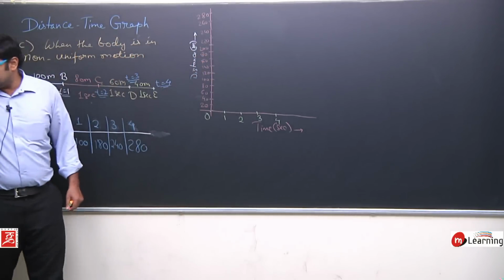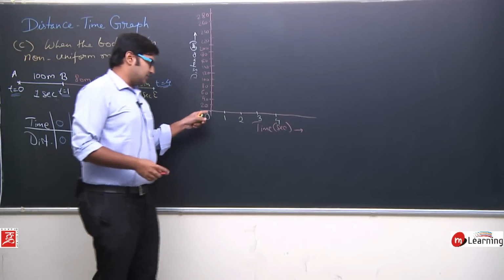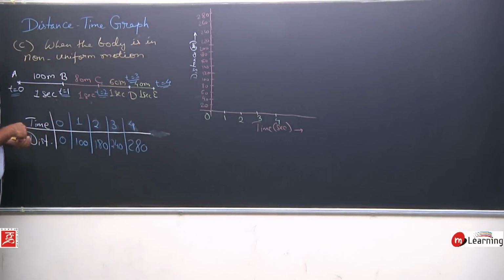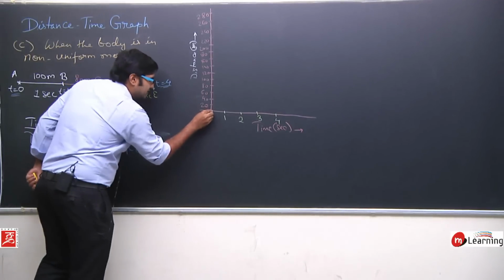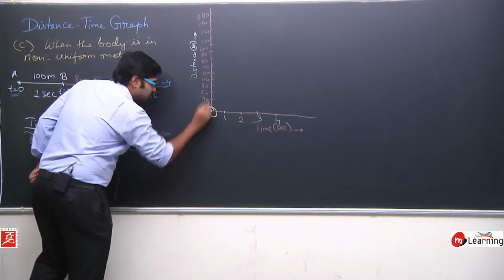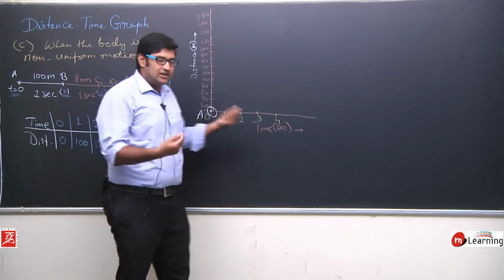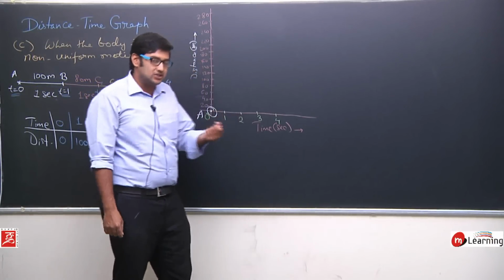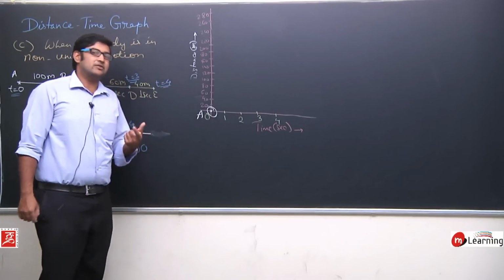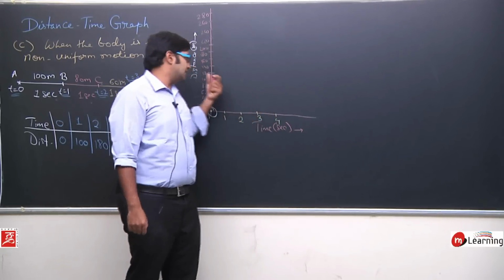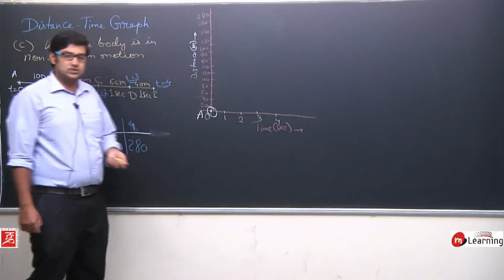So what I can see here is that in the first 0 seconds the object was at point A. So how can I mark the point A? This location will show the position of the object. This is the point A. Okay, because the object hasn't travelled any distance in 0 seconds. When I started observing the object, it was already at t equals 0, and that is at d equals 0, distance equals 0.